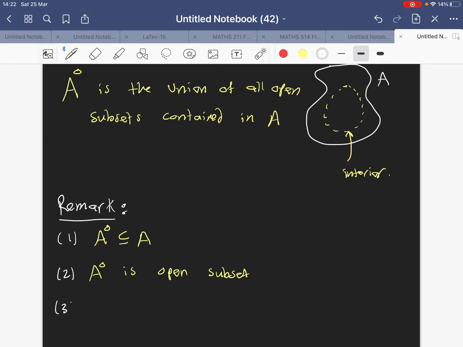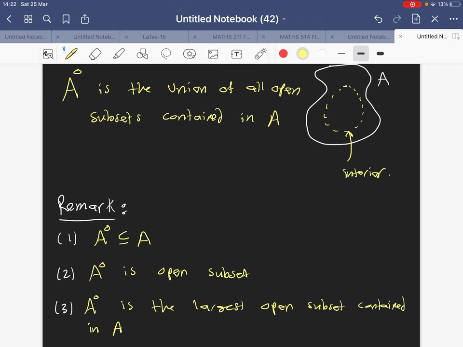Number three, which is one of the important ones, is that A interior is the largest open subset contained in it. And that makes sense because from the definition of the interior, it is the union of all of them.